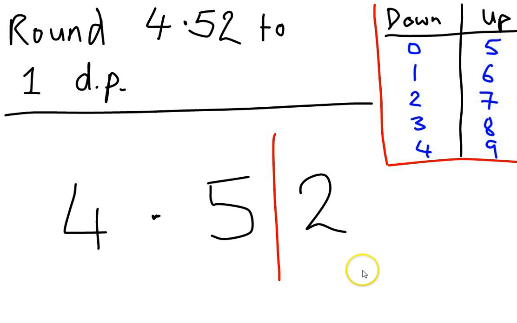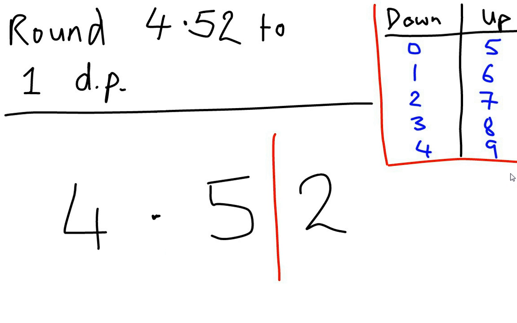Okay, now we're going to look at this number that comes immediately after the line, the one straight after the red line, and then we're going to look up here. As you can see, we're looking at this 2, and that comes in the down column. So what we're actually doing is rounding 4.52 down to the nearest tenth. This is the tenths column, remember.